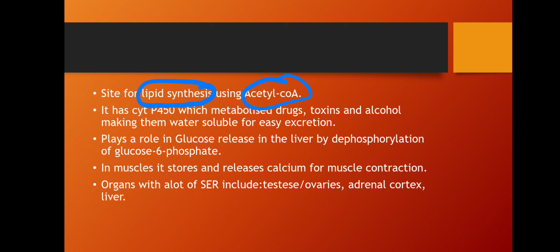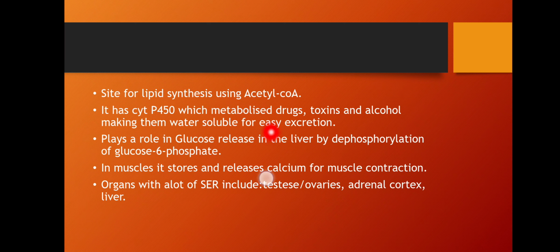It also has the cytochrome P450 enzymes, which metabolize drugs, toxins, and alcohol, making them water soluble for easy excretion. So it plays a role in the degradation or metabolism of drugs, toxins, and alcohol.